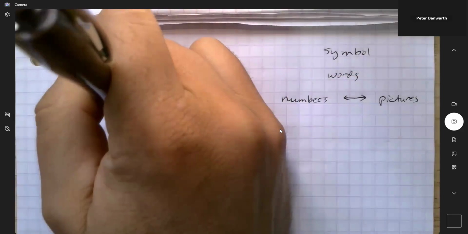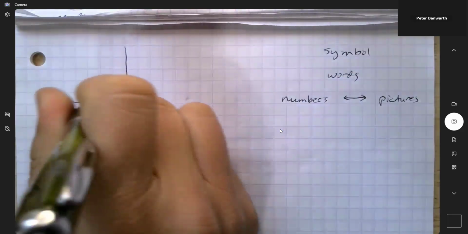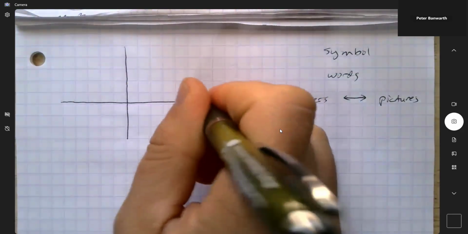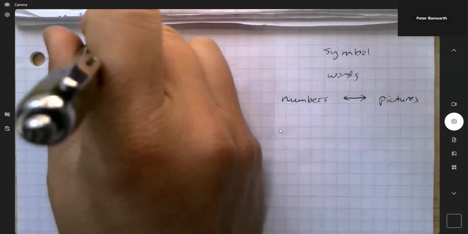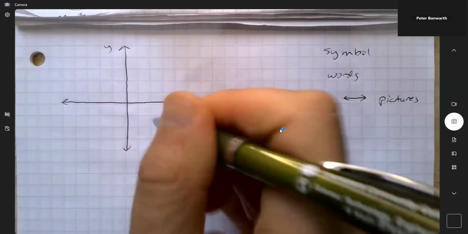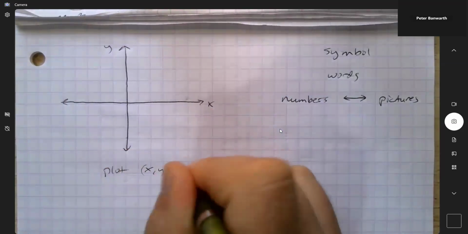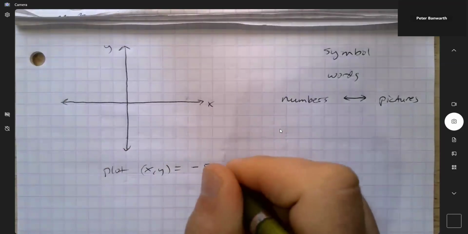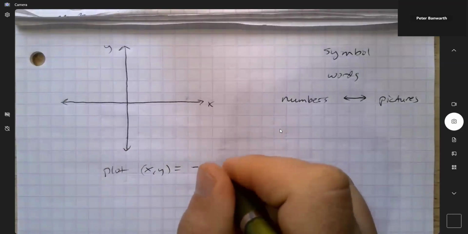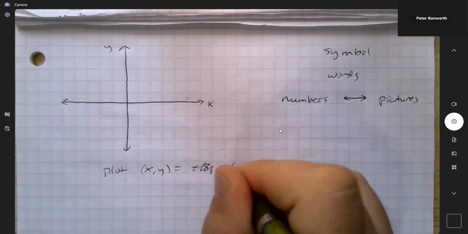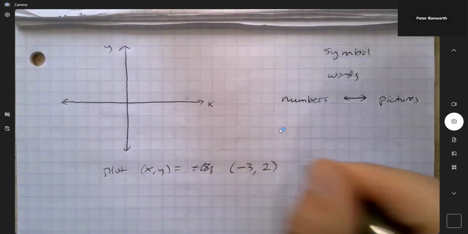So for example, here's my coordinate plane, XY. And if I need to plot the point XY equals -5, it's gonna work. I don't want -5, I'm running out of room. How about -3, 2?